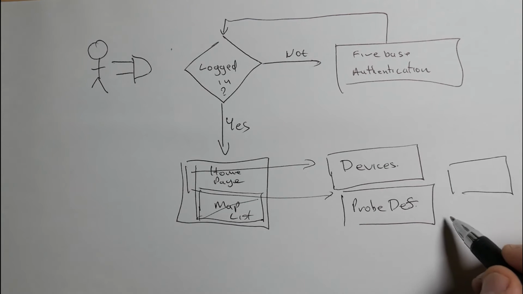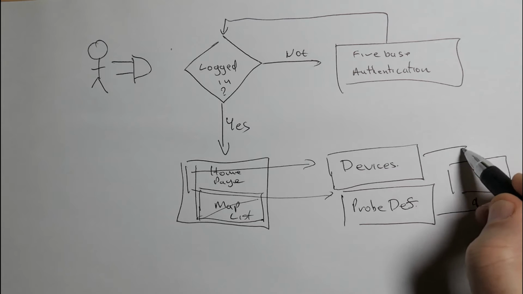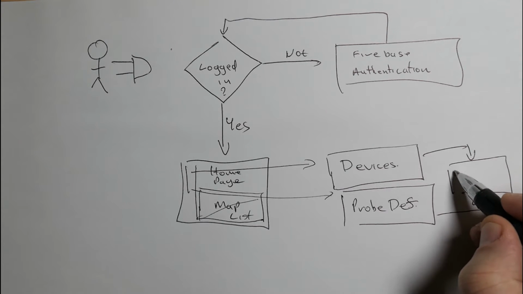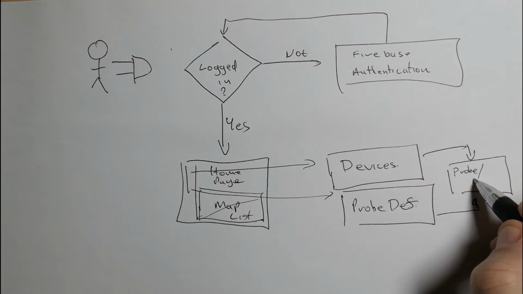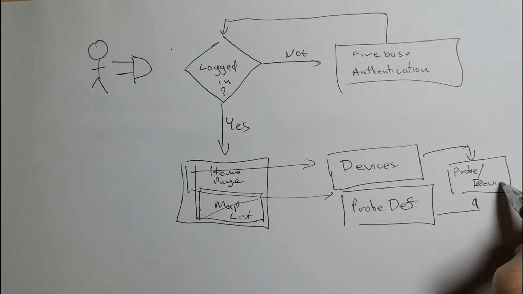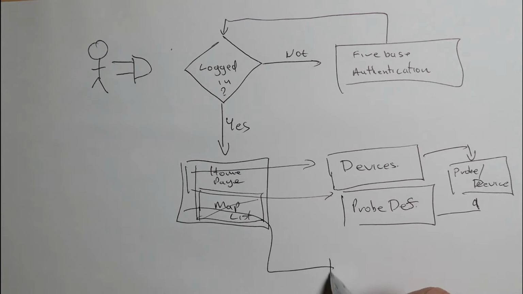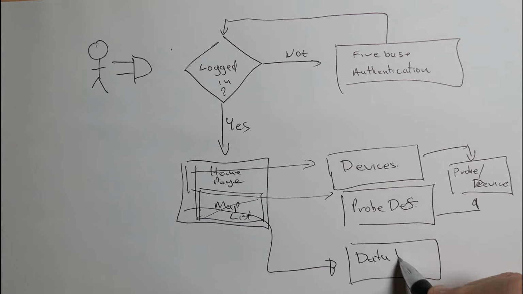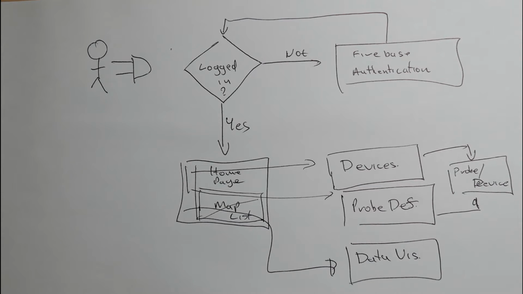And the combination of the two will be the things that run on the devices, will be the probes for the device. The other option on the menu will probably be something to take you to the data visualization page, where you can look at long-term trending on things like the devices, the probes, and do other sorts of analysis on that.